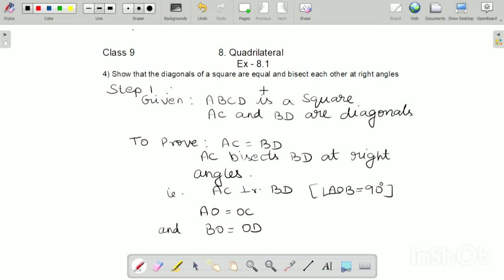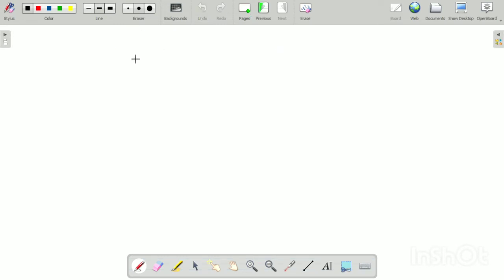So now start the proof. First we are going to draw the picture. That is square A, B, C, D. In this, AC and BD are diagonals. Both intersect at point O. Okay, now we start the proof.